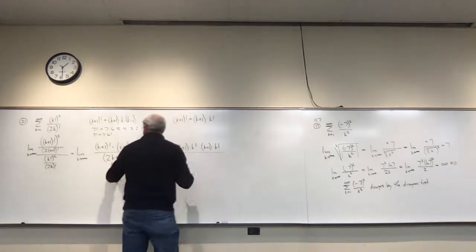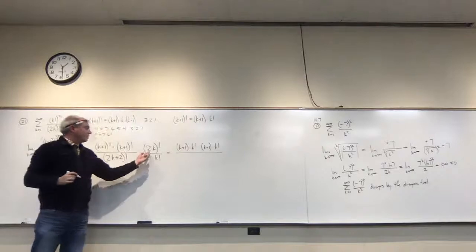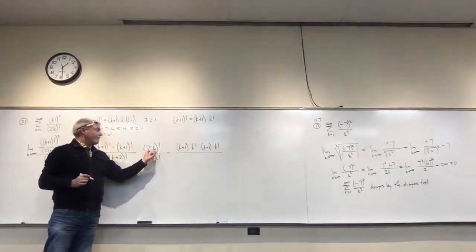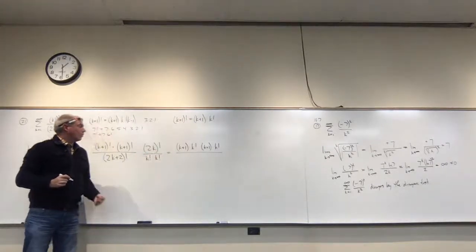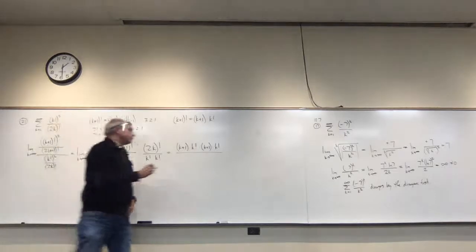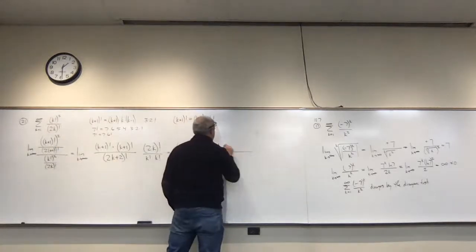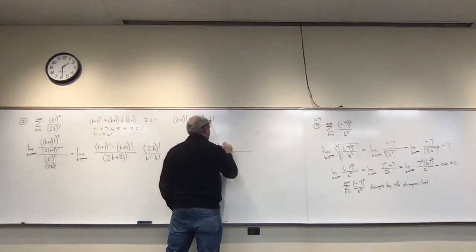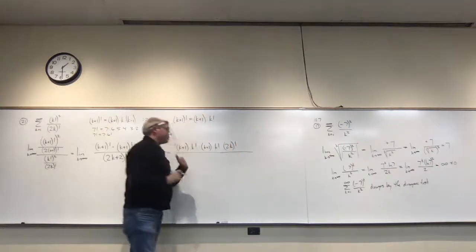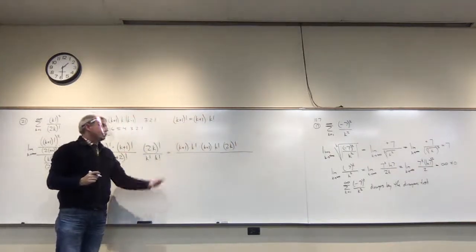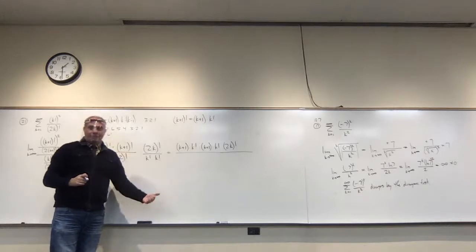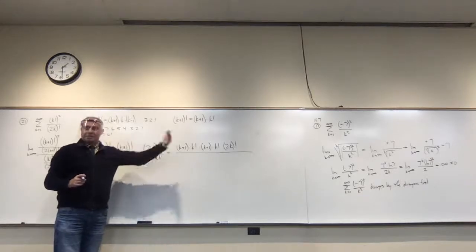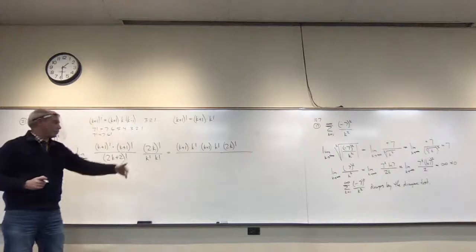On the bottom, let's look at this one first. 2k factorial. So on top I have times 2k quantity factorial, which is 2k times 2k minus 1 times 2k minus 2 times 2k minus 3, all the way down to 3 times 2 times 1.